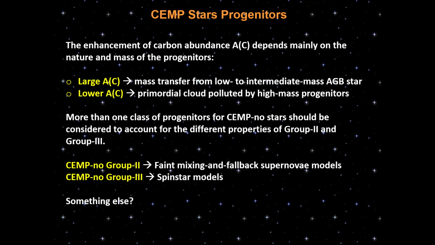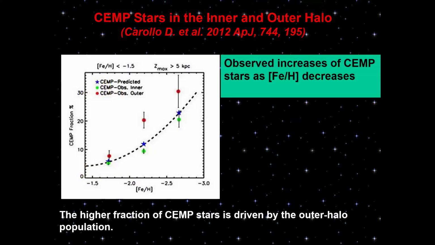We haven't found a definitive cause or progenitors for these stars. I'm working on that at the moment with a large sample of stars with high resolution spectroscopy. When I have the results, I'm happy to talk about this. But I'm just showing here what we got in the past.